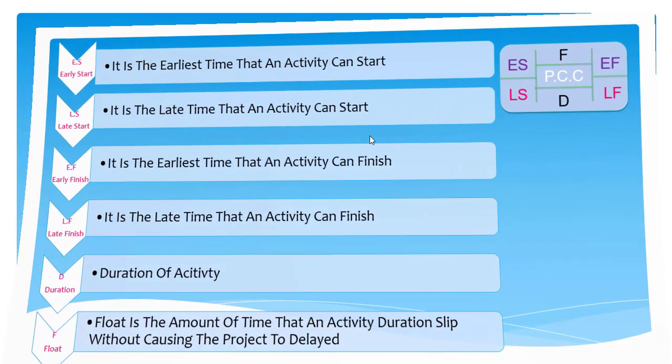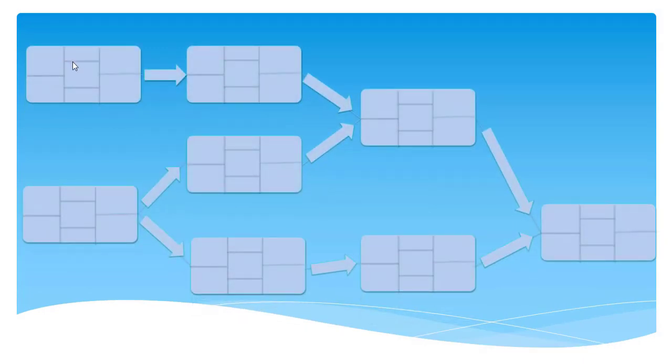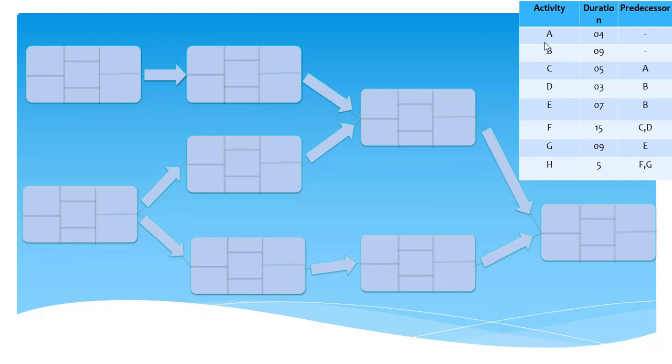Now next I have arranged some of the activities over here. You can see we have just arranged some of the activities like activity A, B, C, D, okay, over here, and I have given them a relationship, predecessor and the successor as well. You can see for activity C the predecessor activity is A, for D and E it is B, for activity F it is C and D, for G activity it is E, for H activity it is F and G. Okay, so these all are the predecessor activities.